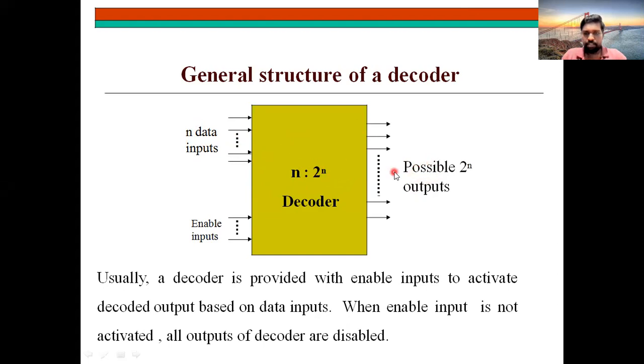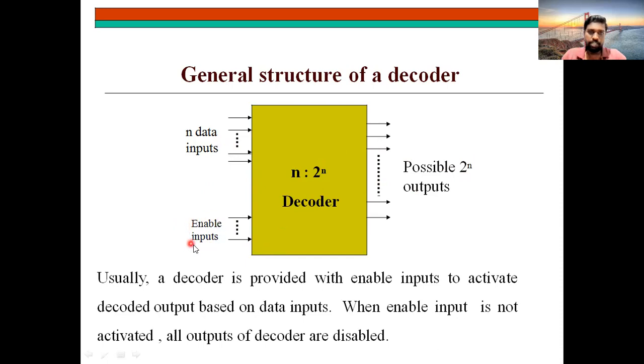But the specification here is that among these 2 power n outputs, one output, according to the input combination, will be activated and the remaining will be 0. Likewise, for every input combination, exactly one of the 2 power n outputs is in the activated state. Apart from these inputs and outputs, we have a special input called the enable input.